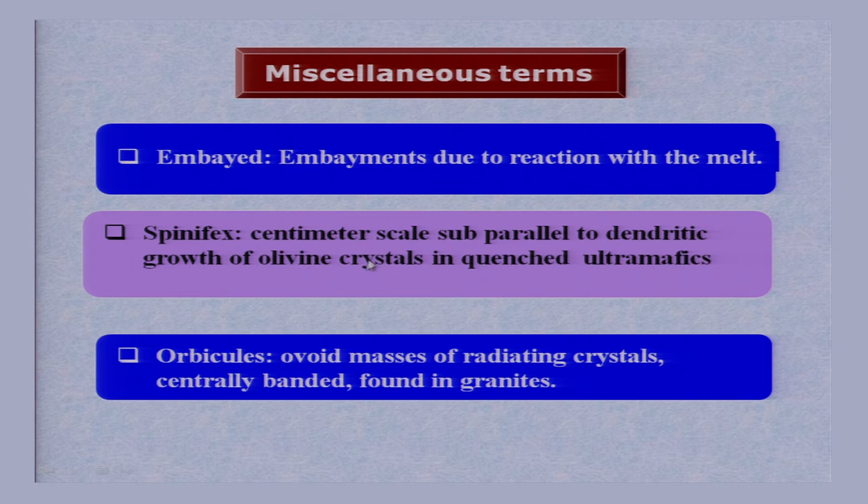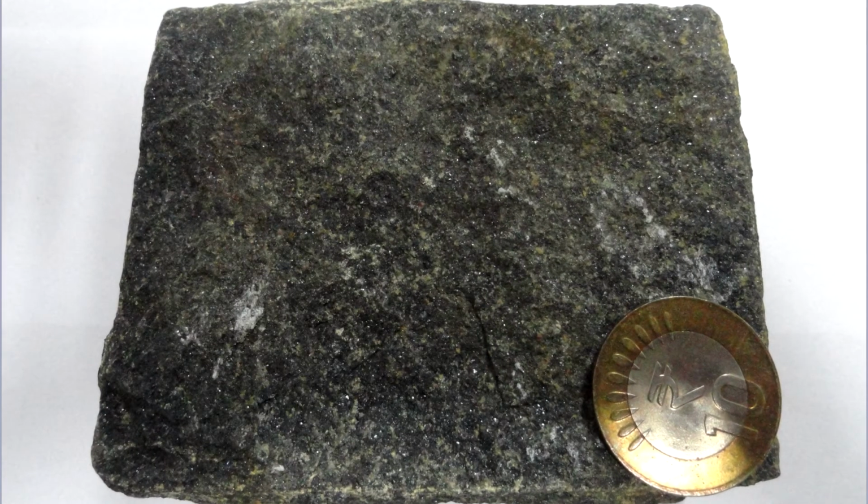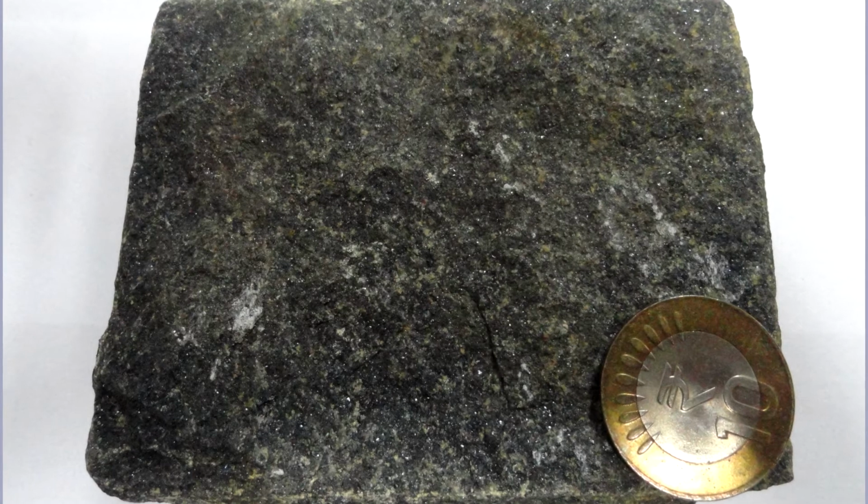Spinifex texture: centimeter scale subparallel to dendritic growth of quenched olivine crystals. The best example is komatiite, the ultramafic rock. Ultramafic rock is normally crystallized under deep seated, plutonic conditions, but because of sudden quenching of ultramafic magma, it develops fine grained plate like crystals, distributed randomly, giving rise to a texture known as spinifex texture.